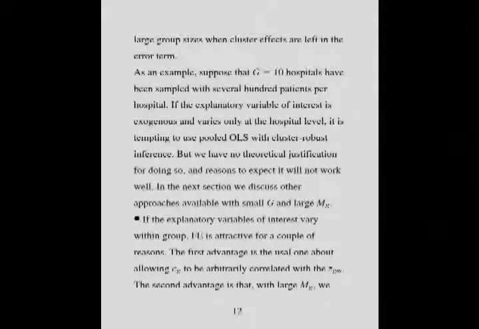Now, that's assuming that we've done pooled OLS, so that we've left the cluster or the group effect in the error term, and then we can't expect that to do well. Of course, if we take out that cluster effect, then we've now greatly reduced the correlation within groups in the errors. And in fact, in some sense, it makes sense to just assume the correlation is zero.